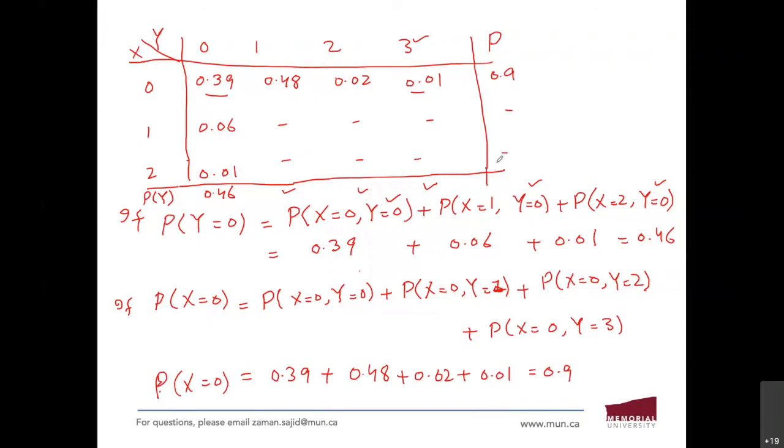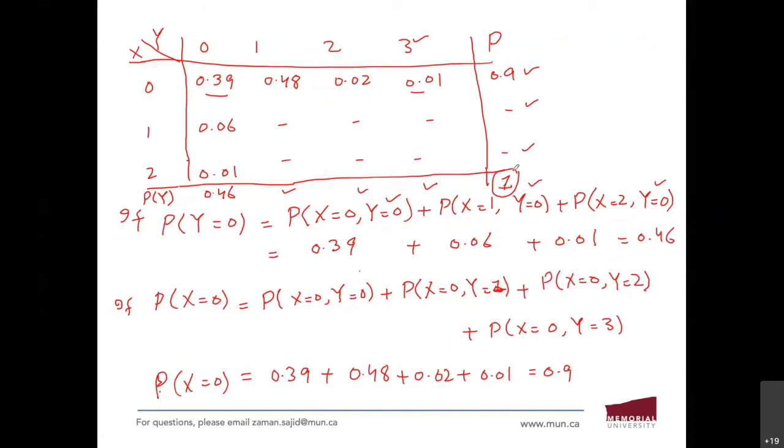Once you add up these values and these values, they should come up equal to 1. So the sum of all these probability values will be equal to 1, and the sum of all these probability values will be equal to 1. This will verify that your calculations are correct.